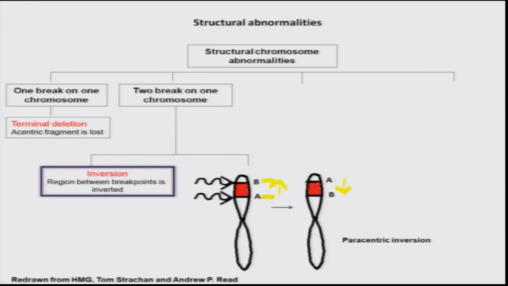For example, originally B was with C and A was with D, but now the position is altered. It might affect the way the genes present in this region function, so you end up having some condition which may affect the individual. That happens because of inversion.